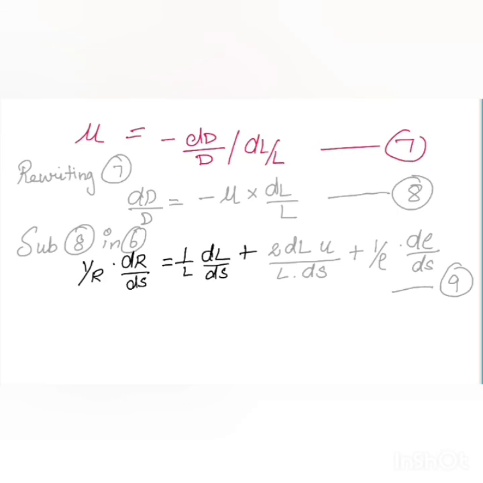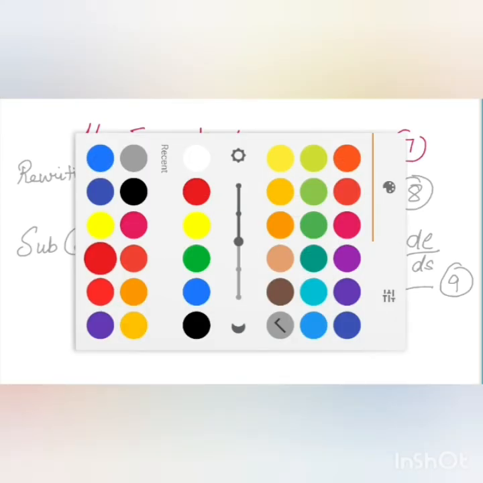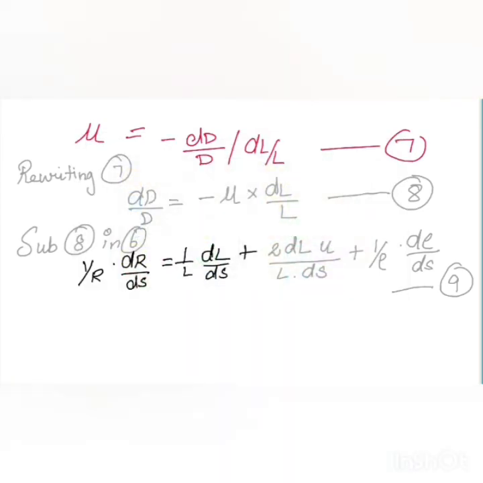Another thing we have to notice is that this equation is a very specific one, but for very small variations, we can rewrite this equation as, look at this, dR by R can be written as del R by R, as I told previously.